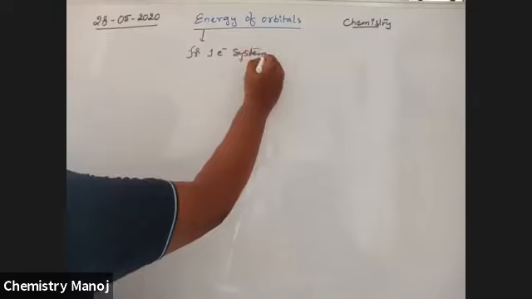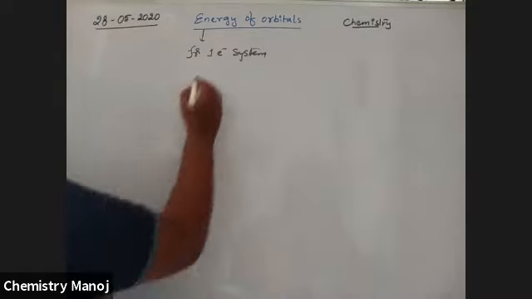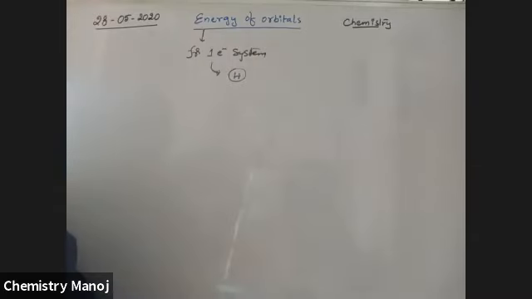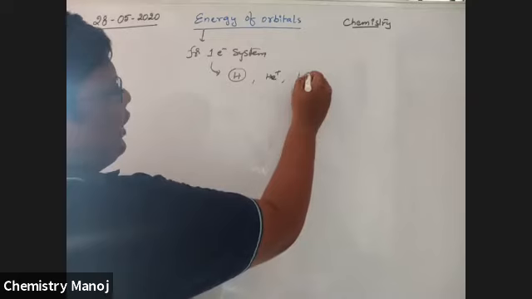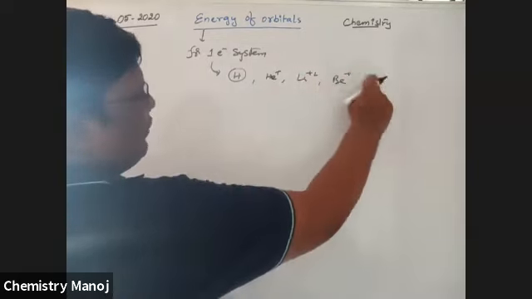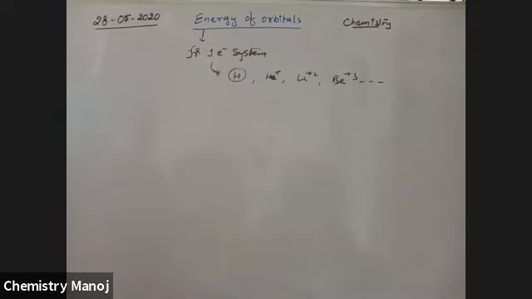Very, very important, a number of times asked bits are here. For a one electron system, it is for hydrogen, one electron. He plus, one electron. Li plus 2, one electron. Be plus 3, one electron. All these are single electron systems.